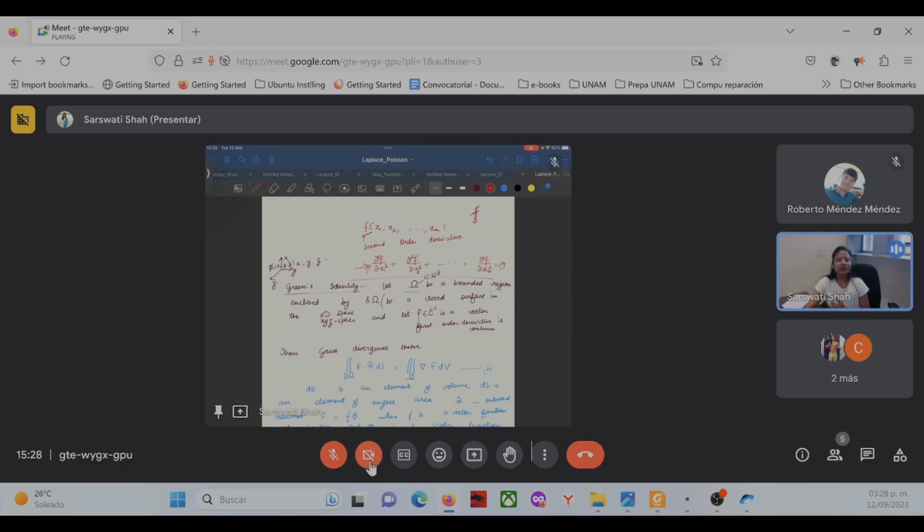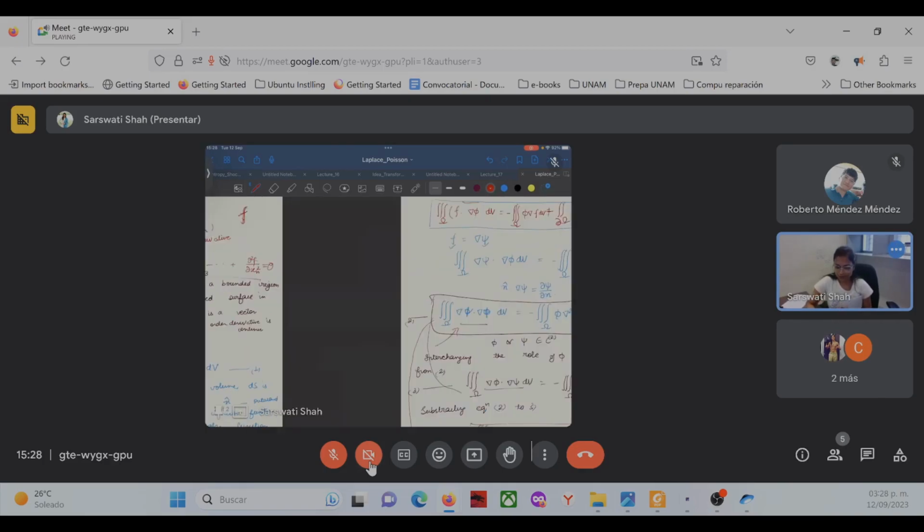So we can use Green's identity if we take f as a scalar function. That is what we are going to use when we prove the properties of the harmonic function, because f's second order derivative is continuous. So simply we can use Green's identity.